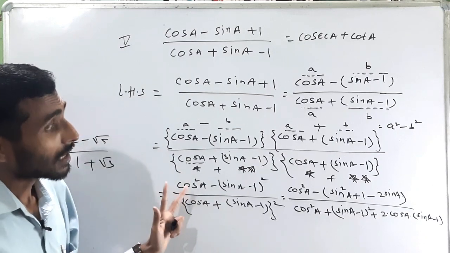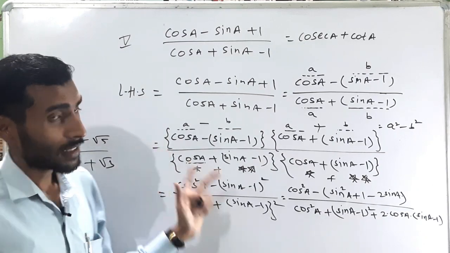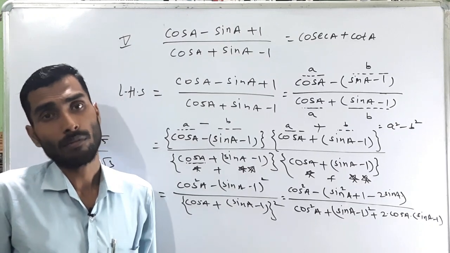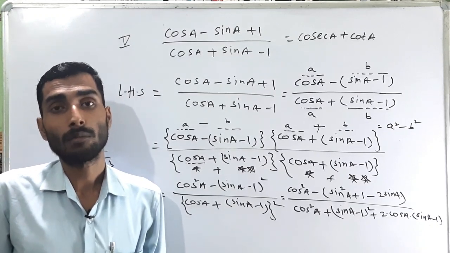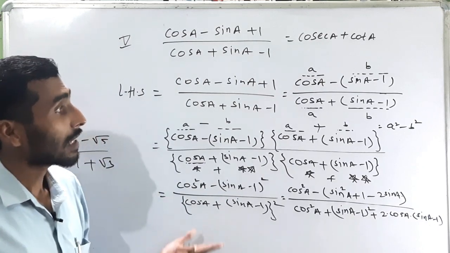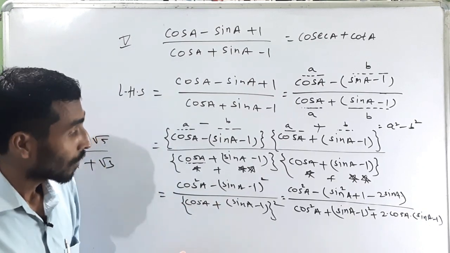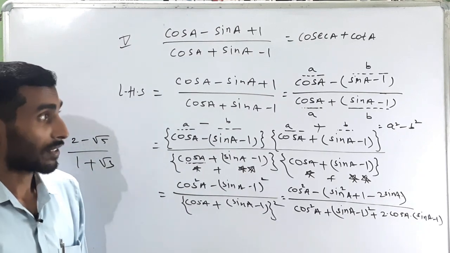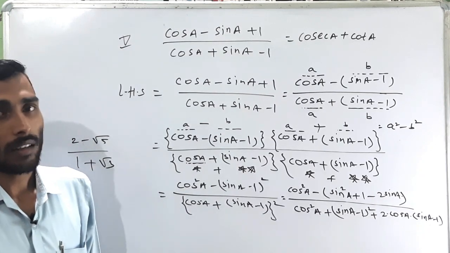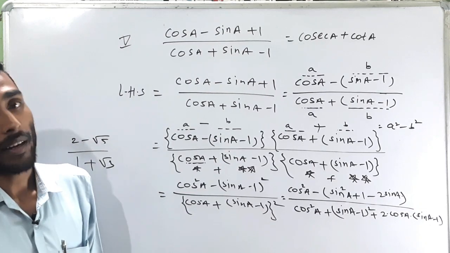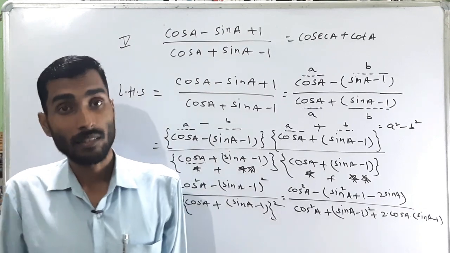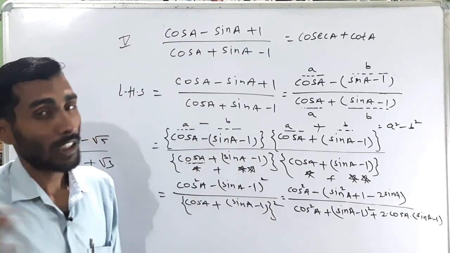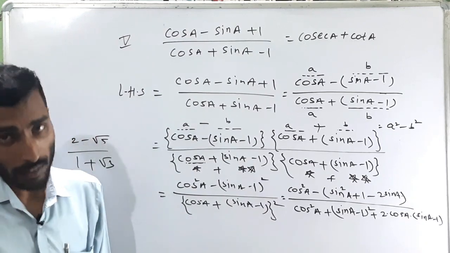In trigonometry what we are doing is simply algebra, but instead of variables like x, y, z, a, b, c, there are variables like sine a, cos a. There is no difference between algebra and trigonometry; both are algebra. We see trigonometry as trigonometric algebra.